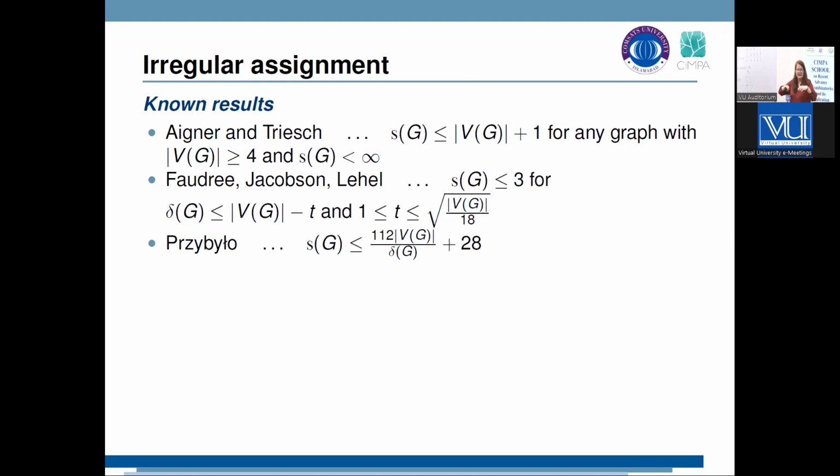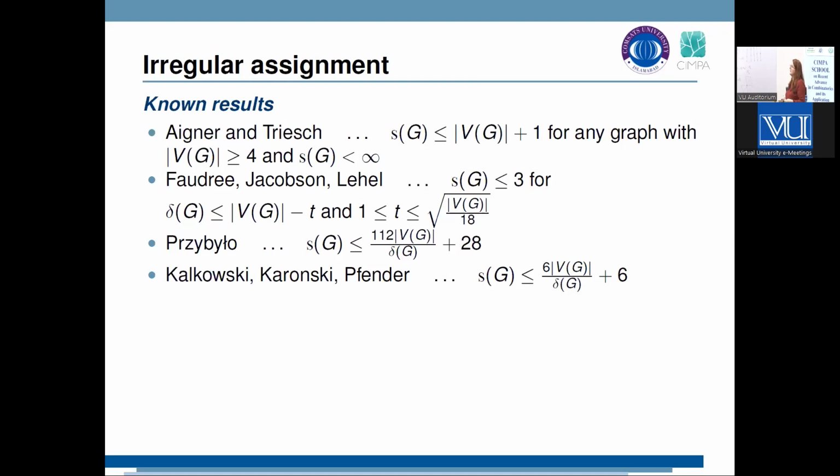And the best bound of this type was proved by Kalkowski, Karoński, and Pfender, and they obtained this result. So we have a general upper bound for the graph: it is 6 times the number of vertices divided by minimum degree plus 6. This is the best bound of this form for the irregularity strength of a graph.